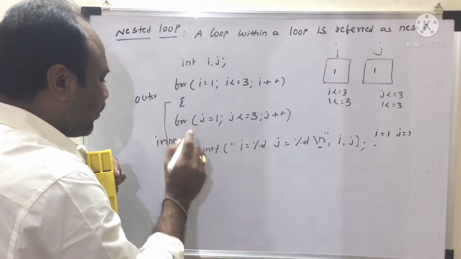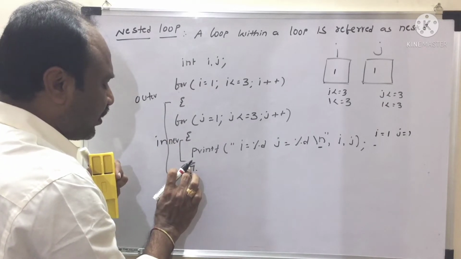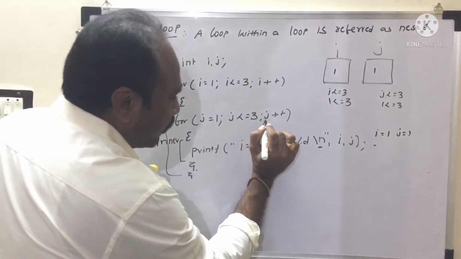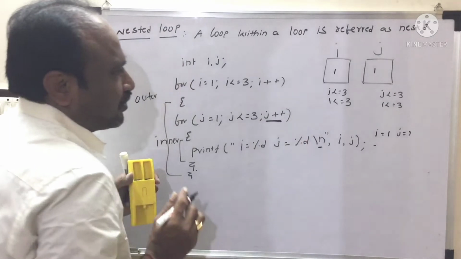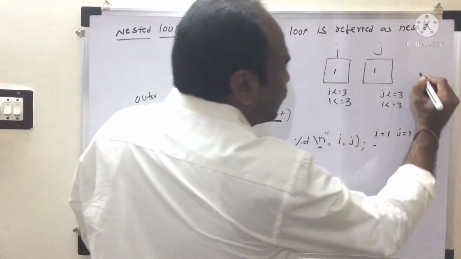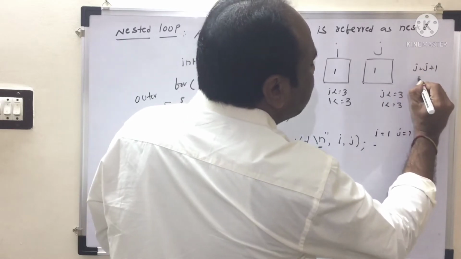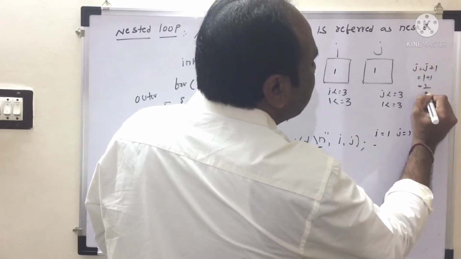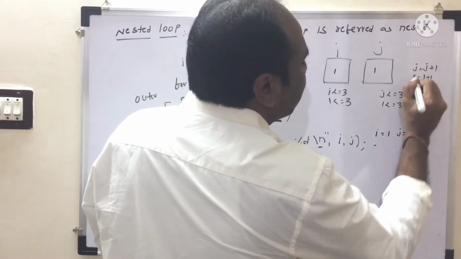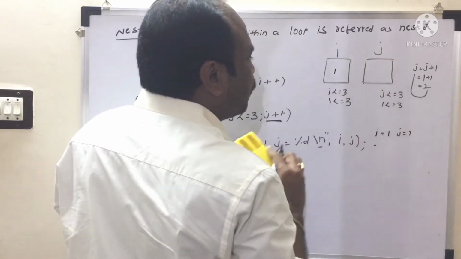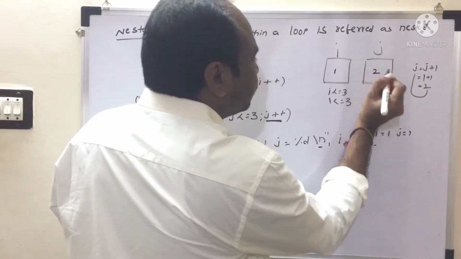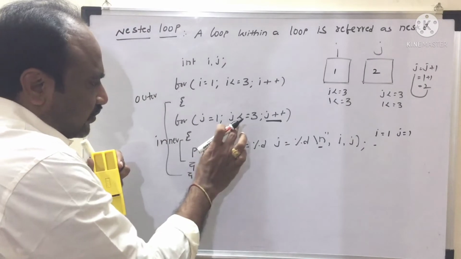When the inner for body is finished, then go here. j plus plus. What is the meaning of j plus plus? j equal to j plus 1. What is the value of j? 1 plus 1 is 2. It is stored under the name j. Now the j value will become 2. Okay. Check the condition.